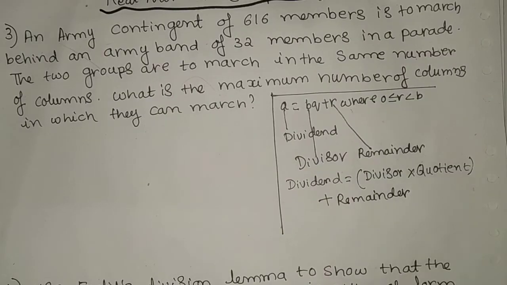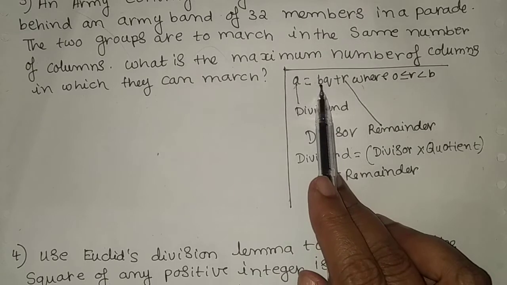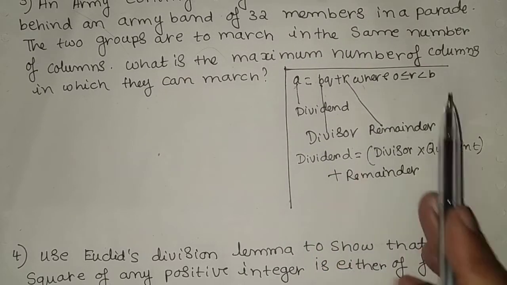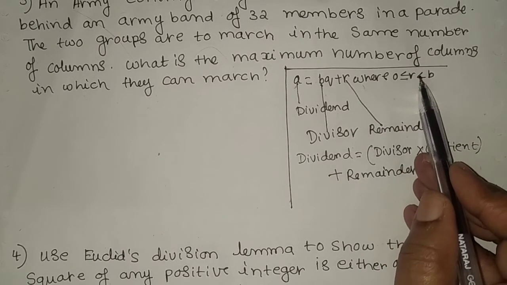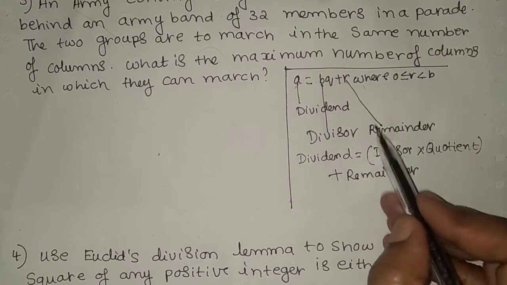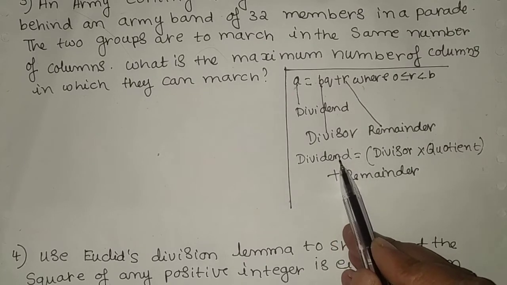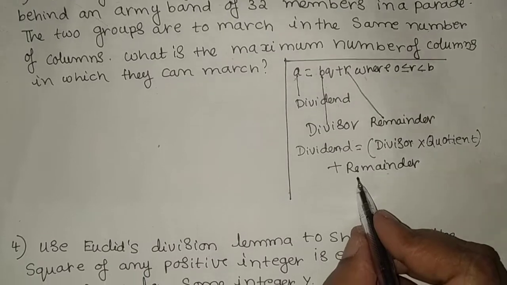This is the form, where 0 is less than or equal to r less than b. Dividend is this, divisor is this, remainder is this, and we can write it in the general form: dividend is equal to divisor into quotient plus remainder.